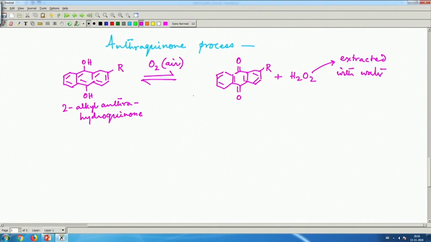This is a very useful technique, and biochemically it is also a very useful one, because we know that catechol is there everywhere, from the biological world to different other cases also, and if this catechol gets oxidized, we get this particular type of quinone. If these two hydroxy groups are in ortho positions, we get orthoquinone.